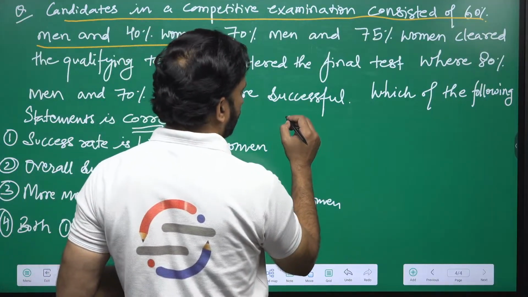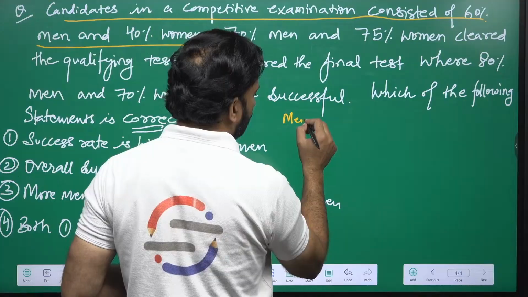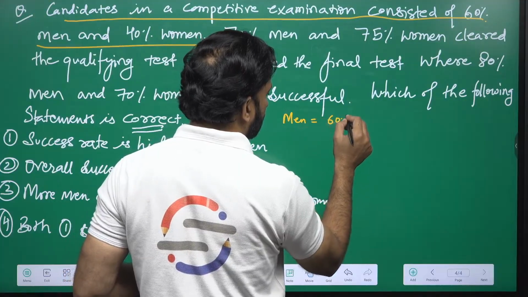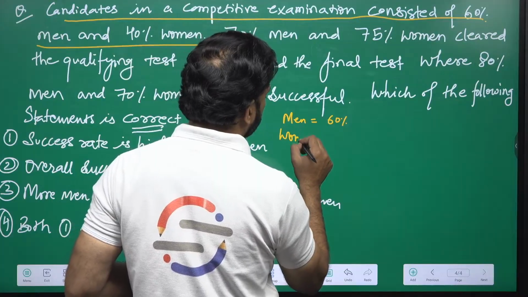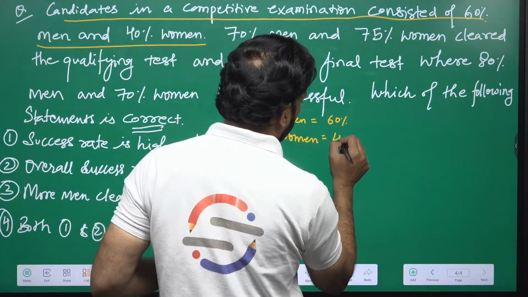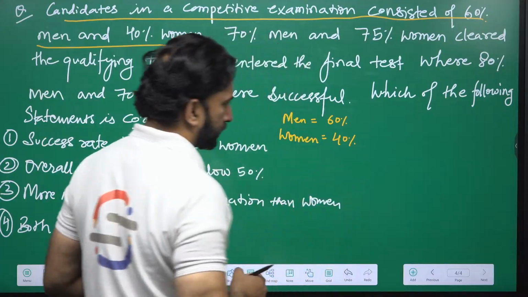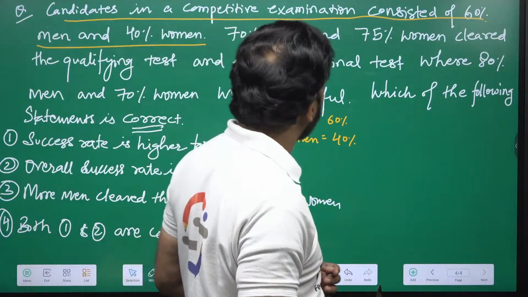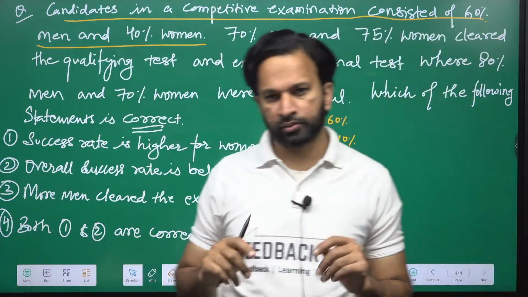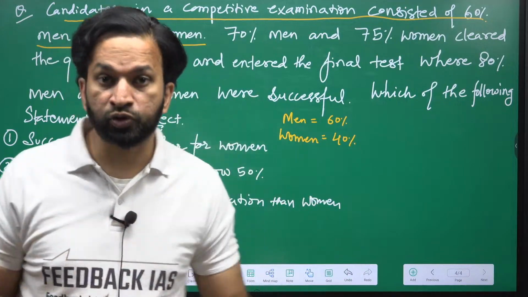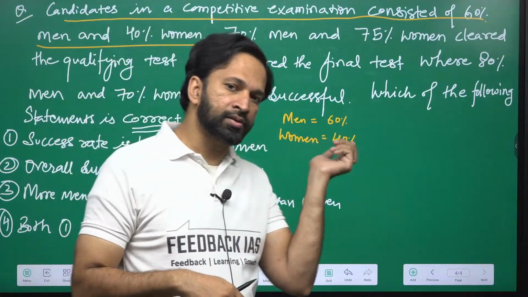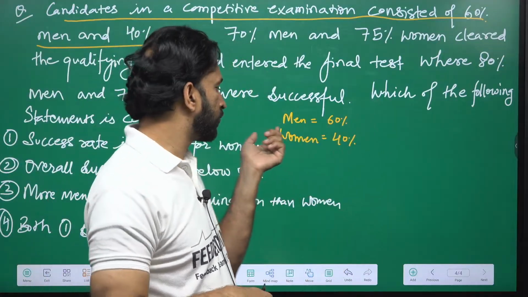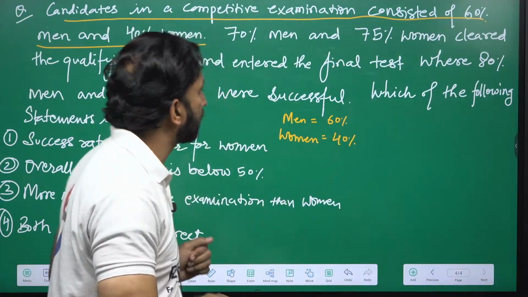In that, men are 60% and women are 40% of the total, right? Combined numbers of men and women, out of which men carry 60% weight, women carry 40% weight, right? Straightforward.